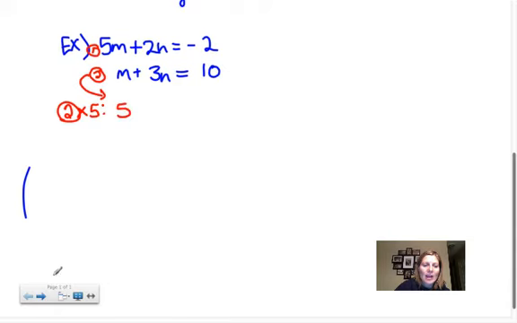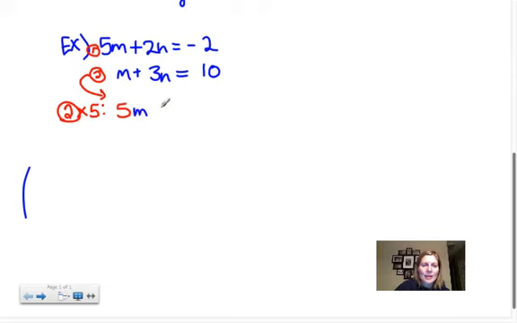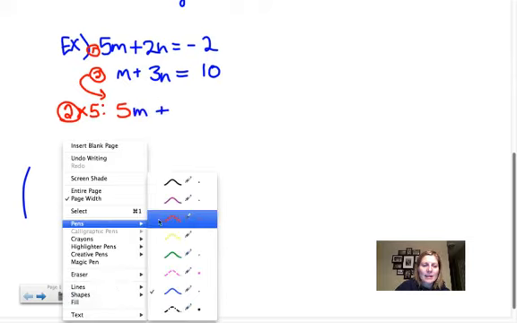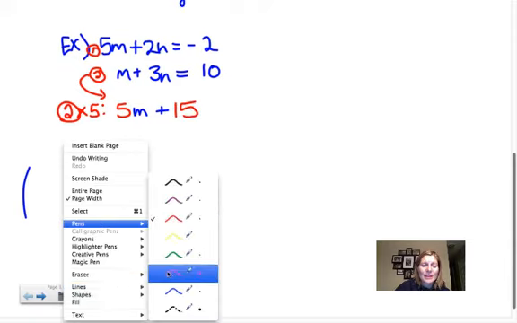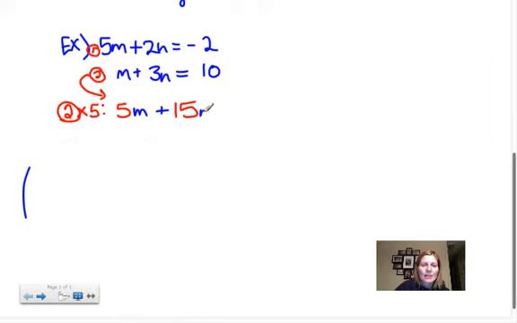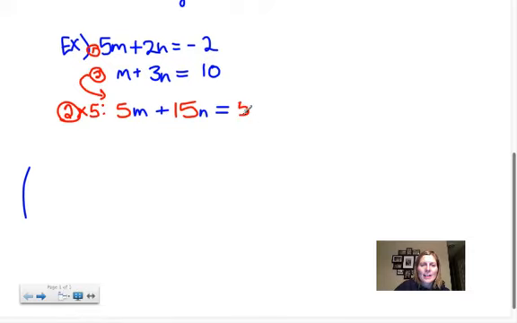So I'm going to have 5m plus 15n, and that's going to equal 50. So notice that I multiplied this by 5, this by 5, and this by 5. And it turns out to be the same equation, it just looks a little different.